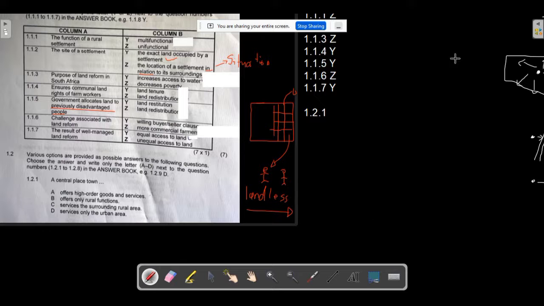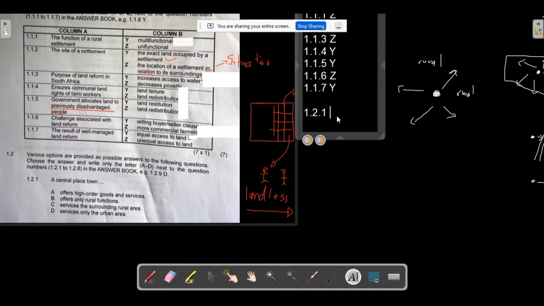It must offer, I'm sure it does offer both high order goods and low order goods. Remember central place town. What is most important about it is that it offers goods and services to the surrounding rural areas. So that is what is important, guys. Whether it offers high order goods or low order goods, it should offer both types of goods. Okay, low order, high order.